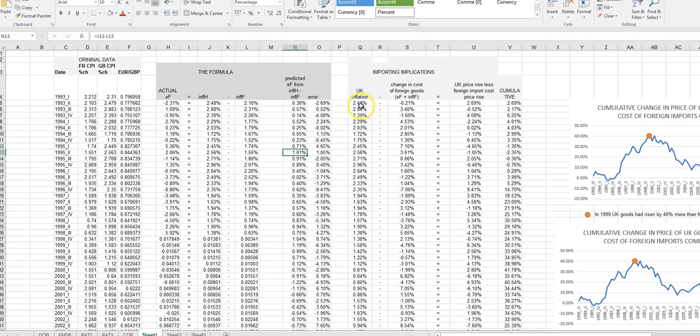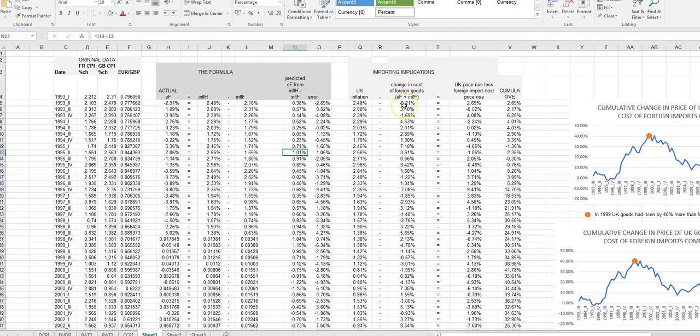So in this first year there's 2.48 inflation in the UK, and the change in the cost of the foreign goods is foreign inflation. The euro price would go up, plus the change in the value of the euro. So foreign inflation is 2%, similar to the UK, but the value of the euro fell by 2%, making it more or less 0% or minus 0.21%.